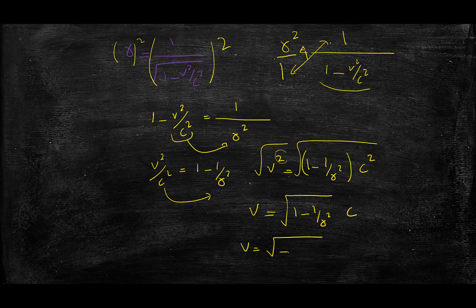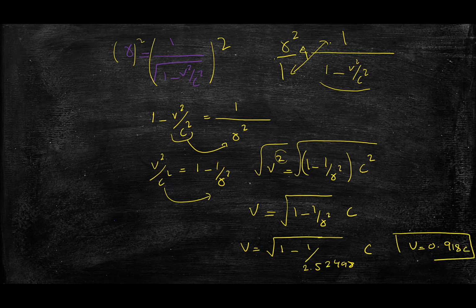So square root of 1 minus 1 over, and my gamma from the previous page, I had it to be 2.5249. So in my calculator, I will put in 1 minus, bracket open, 1 over 2.5249, bracket close, then take the square root of it, and I will get v equals 0.918c.